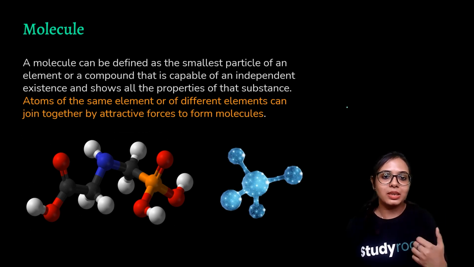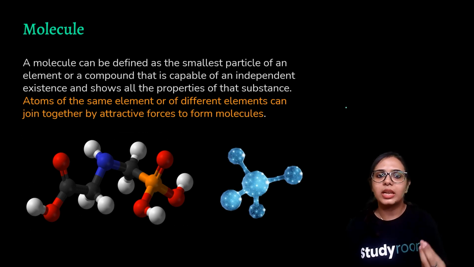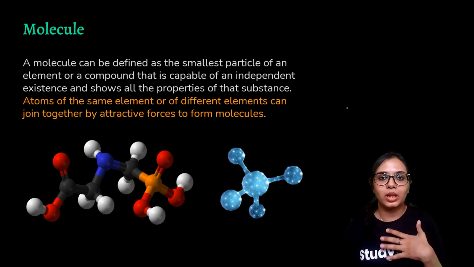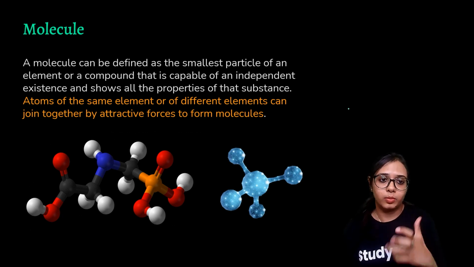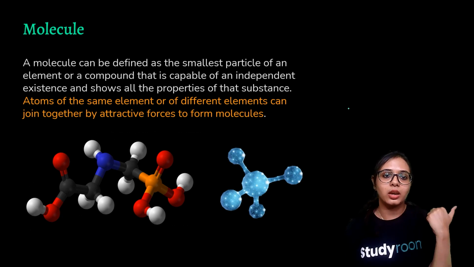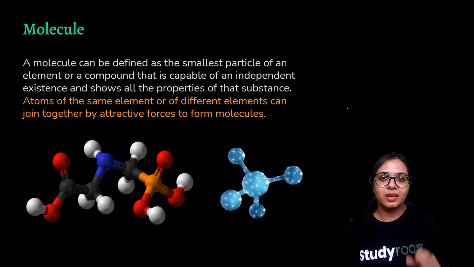Now what we are seeing here is that every compound, every element, we know that they have atoms inside them, right? But do atoms exist independently? In the previous slides we had observed that mostly atoms do not exist in an independent state.